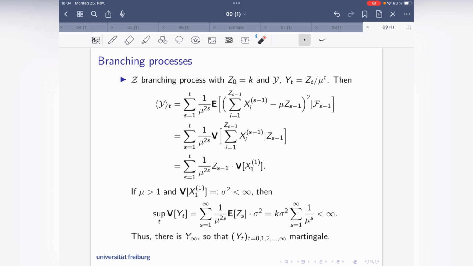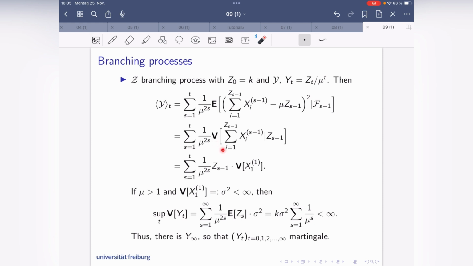Okay, so let's go through this first calculation here. Yeah, so we have to sum these conditional variances. So here is the expectation of what will happen, here is what actually happened, squared. We have to sum this up for computing the quadratic variation, and here I have used the formula for the quadratic variation, conditioned here on fs minus 1.